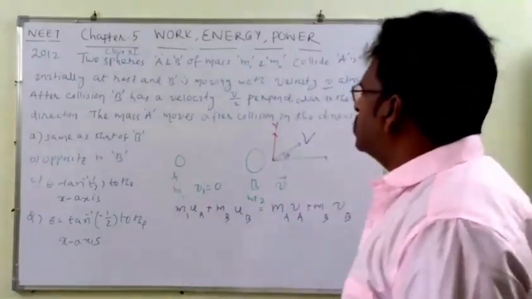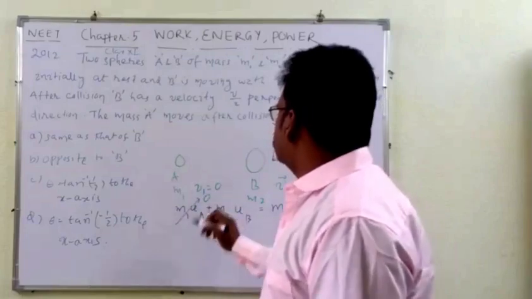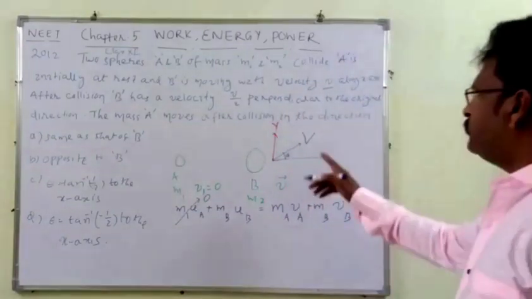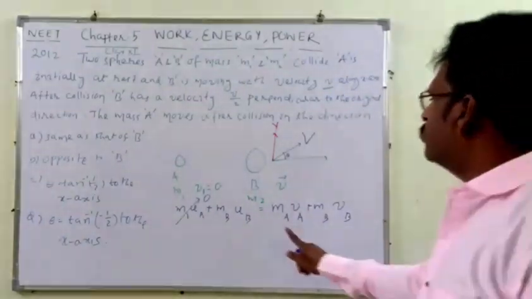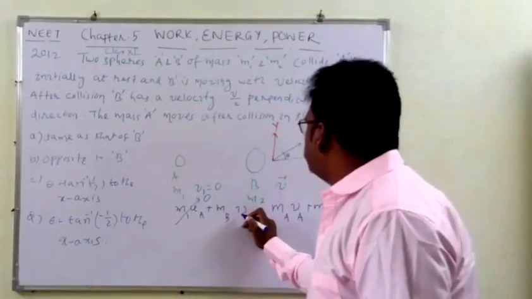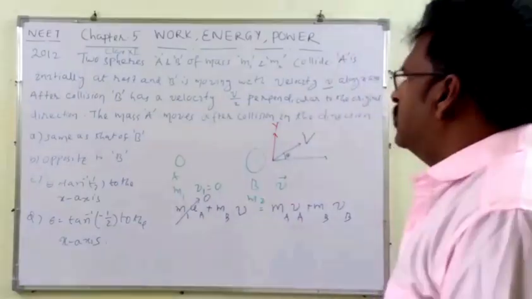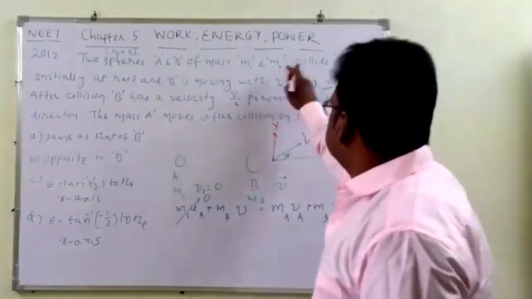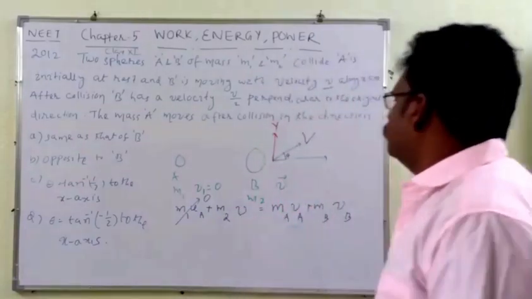A is initially at rest, so its initial speed is 0, and this term will be 0. Then, B was moving with a velocity v, so the initial velocity of B is v, along the x-axis. And its mass is m2, so we may write m2.